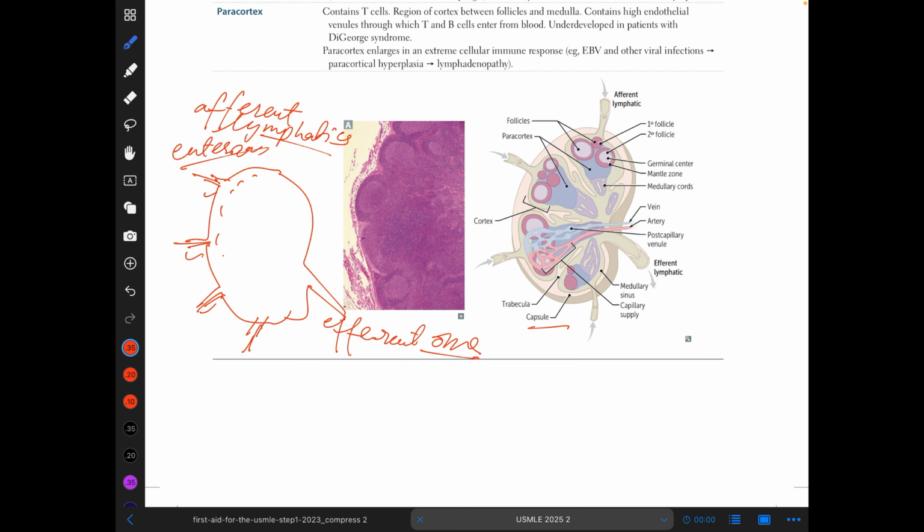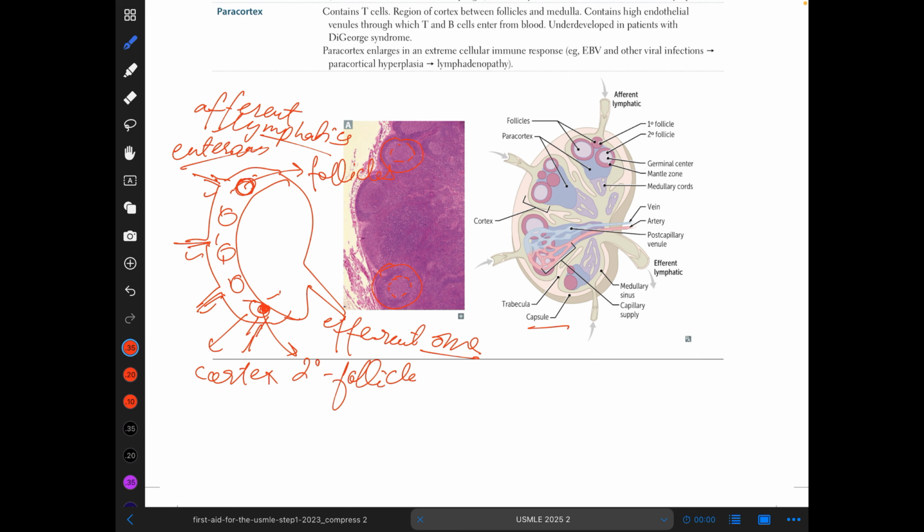Now we talk about the inside structure. First, it has the cortex. This part is the cortex, in which the follicles are present. In those follicles, we have one more type, primary and secondary. The primary is just simple like that, and the secondary follicle has a hollow-like depression like that. If you focus, these are secondary follicles.